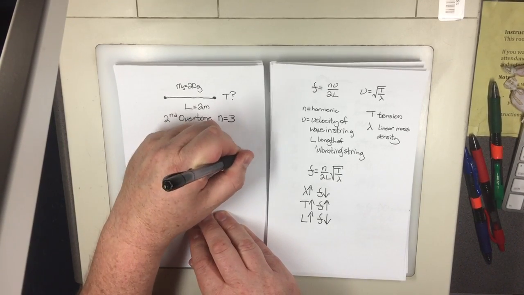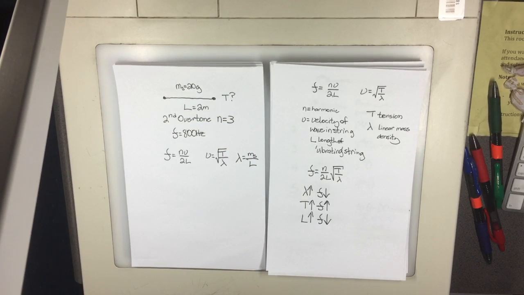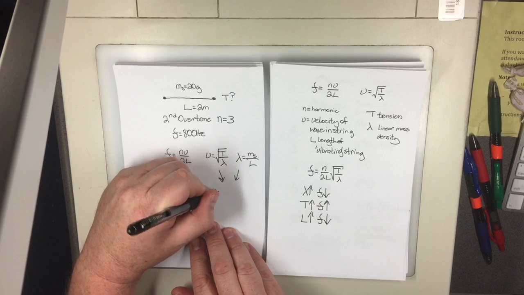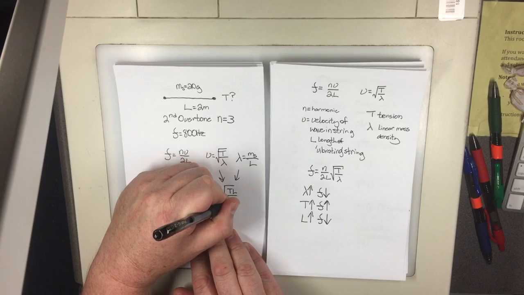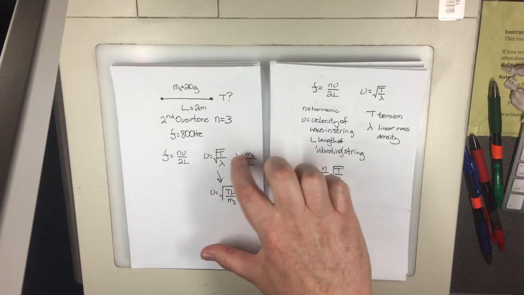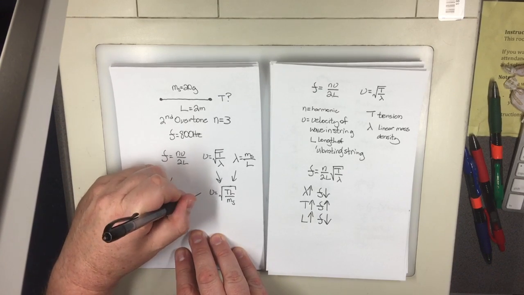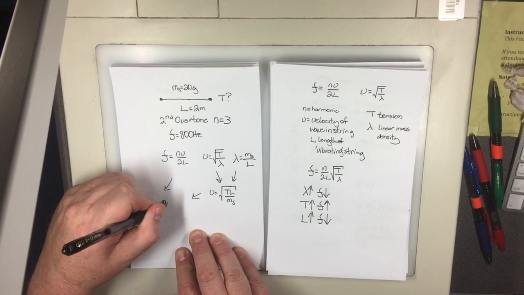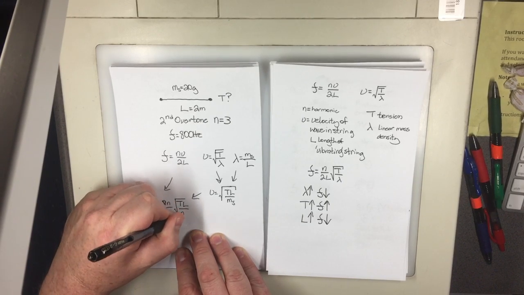And lambda is MS over L. So plug these two in together, you get V equals square root of TL over MS. Lambda is in the denominator, so 1 over lambda is L over MS. Plug those two together. F equals n over 2L square root of TL over MS.